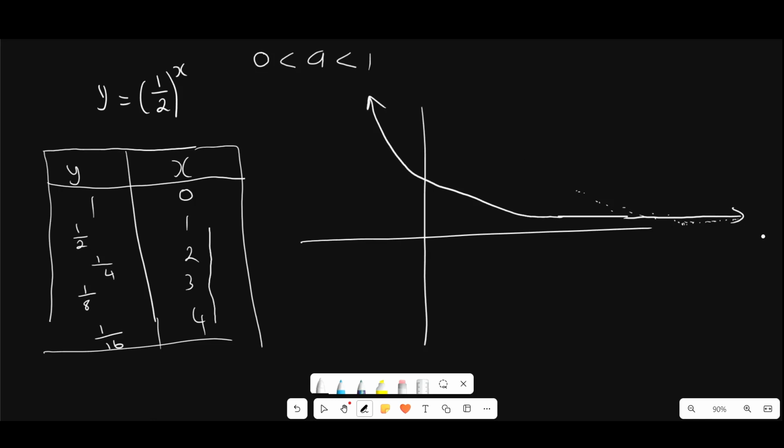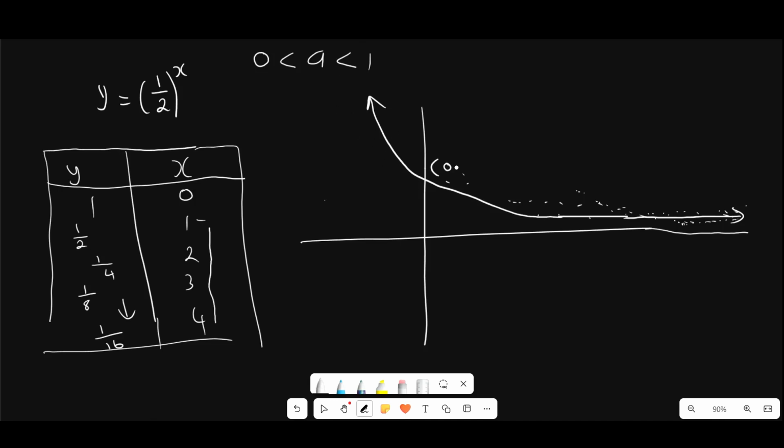As I go to the right hand side, my y value keeps on decreasing and also approaching 0. And of course as I move from right to left, my y values increase.